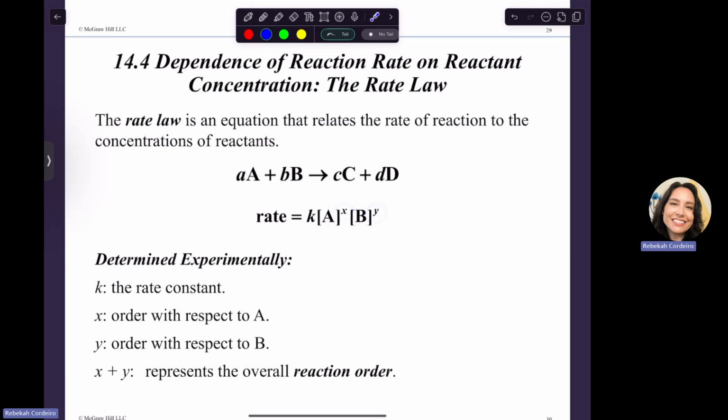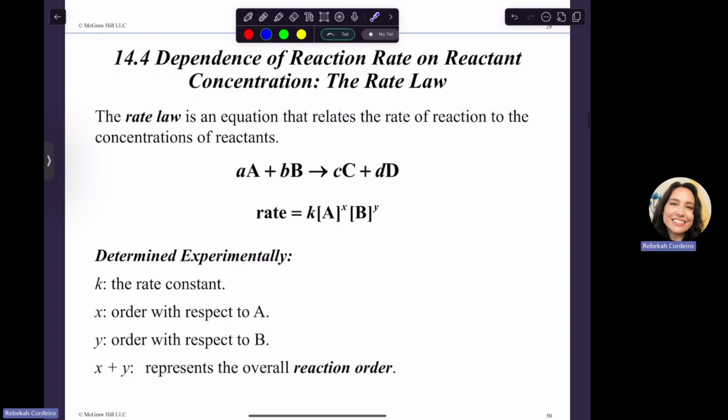The exponent is not necessarily the coefficient. It is the order with respect to A. There are going to be different orders, which we'll talk about a little bit later. It can be first order, second order, half order, zero order, fifth order. Theoretically, you can have any sort of order.